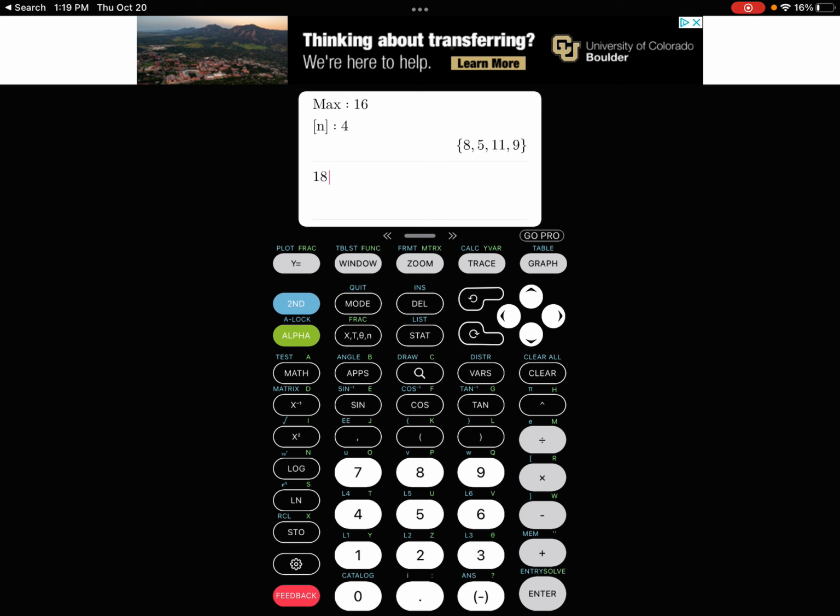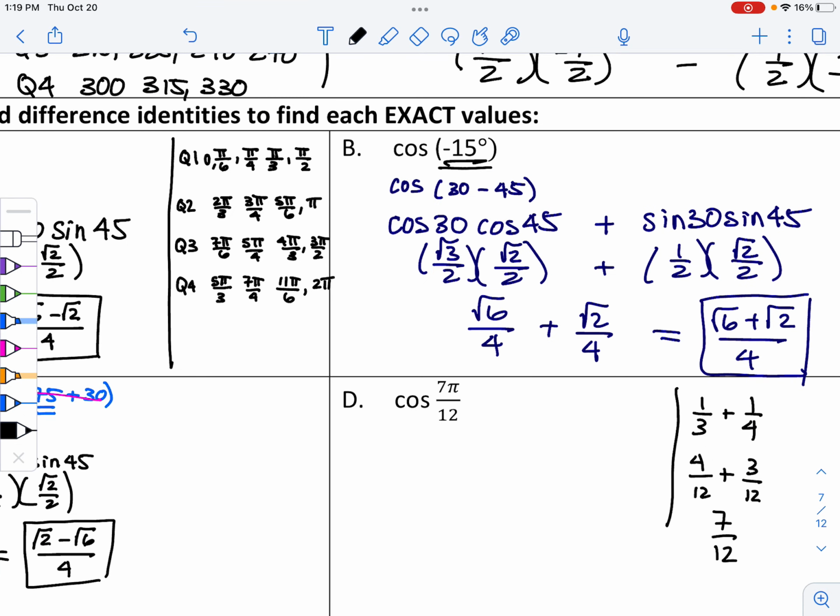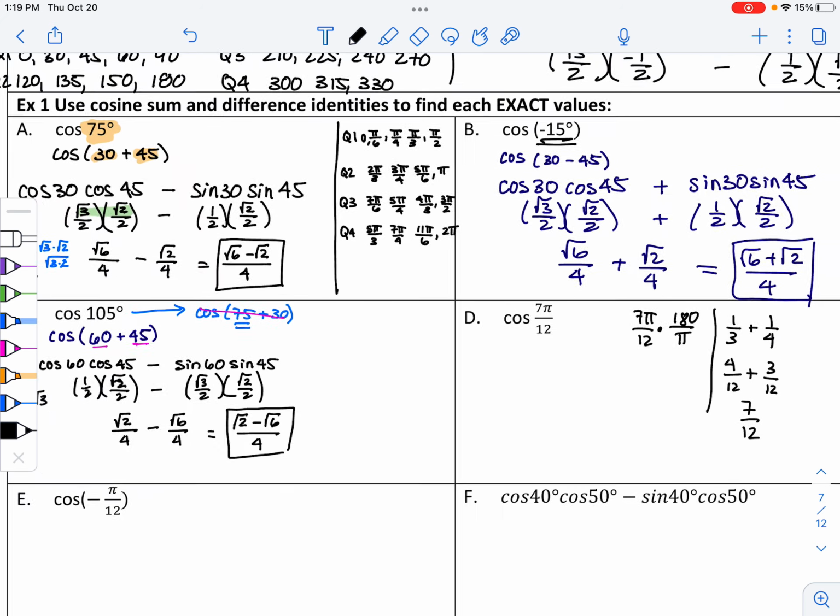So I would take 180, divide it by 12, and I have 7 of those chunks. So that is 105 degrees. We can also convert by multiplying 7 pi over 12 through by 180 over pi. My pi's would cancel, but some of you might want to think about that as 105.